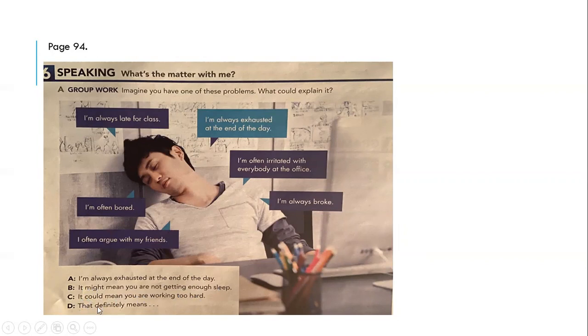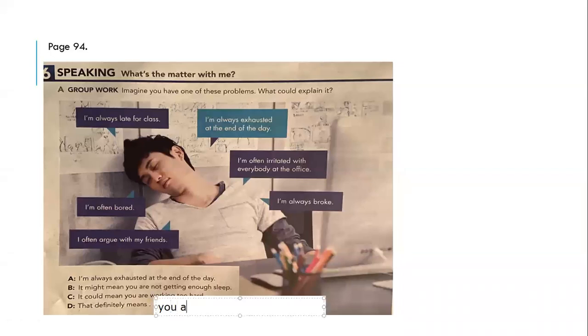Finally, "that definitely means," here the person is using the adverb "definitely." So it's a strong possibility. He is pretty sure that this person is always exhausted at the end of the day because that definitely means you are going to get sick.